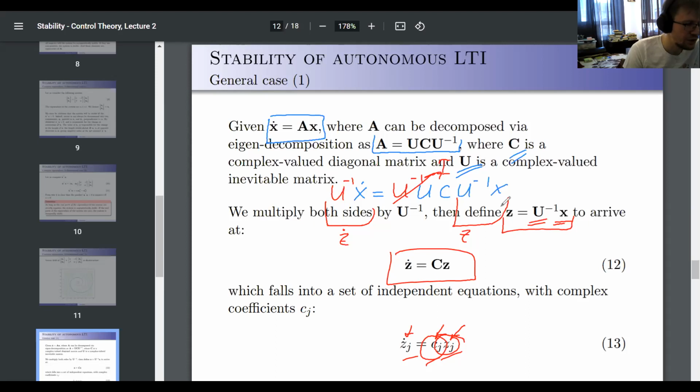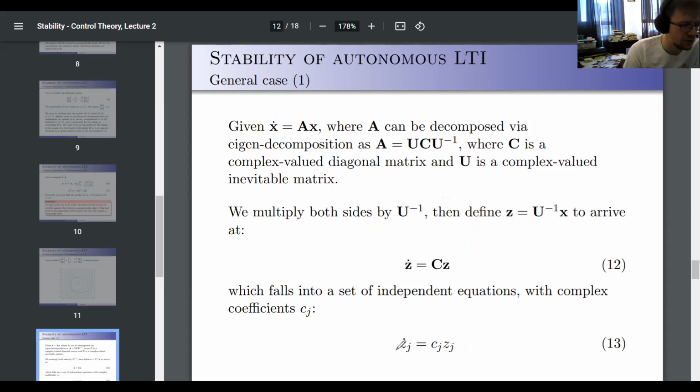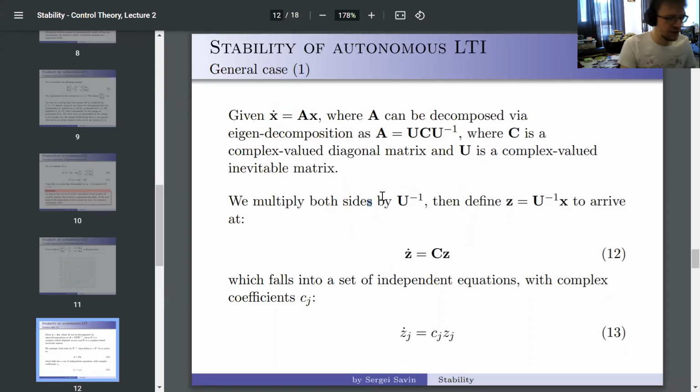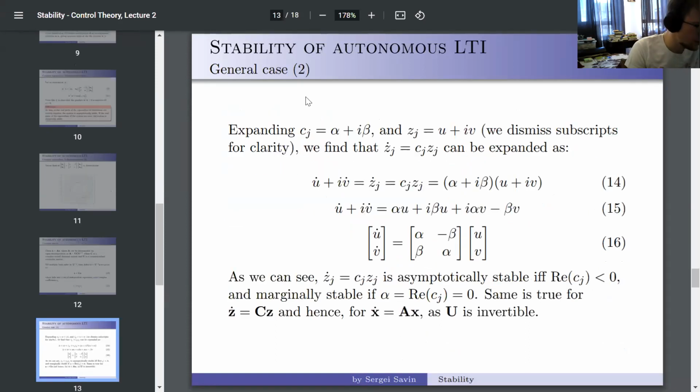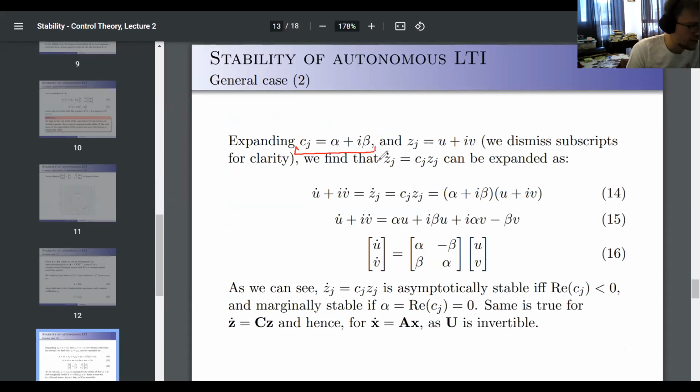So you see we got ourselves a system of independent complex valued equations. Okay, let's move on, see where this gets us. Any complex number can be represented in this form, and z can be represented in this form. I would drop the j.